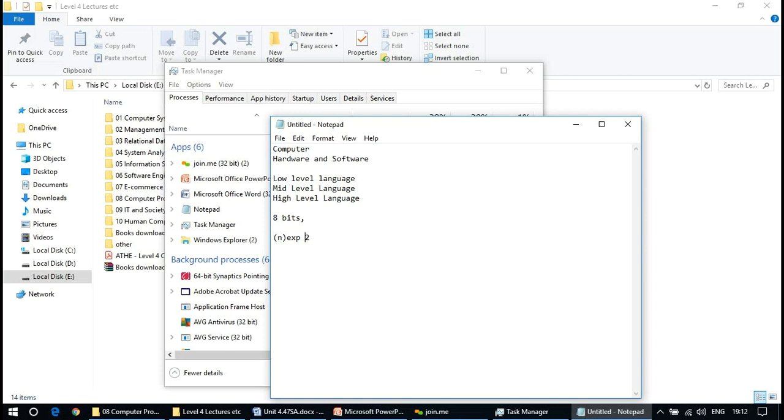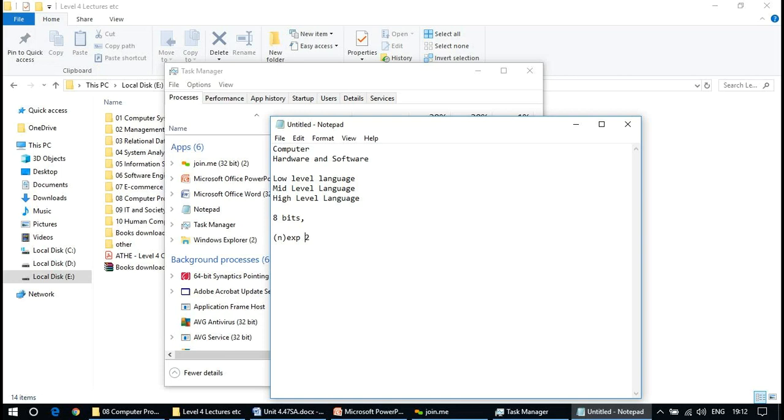What used to be, it used to be a kind of high-level language and low-level language. High-level language is basically you write the computer program in human language.